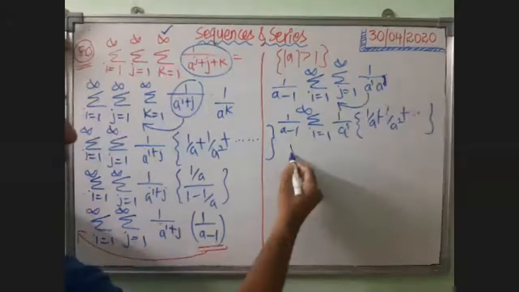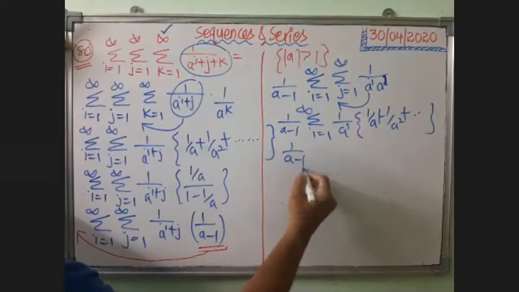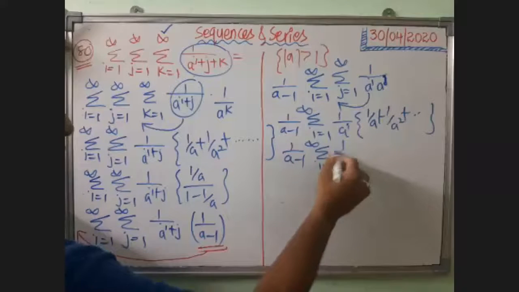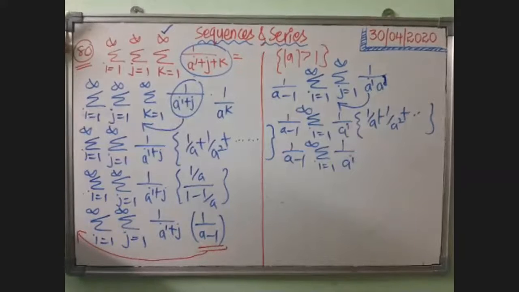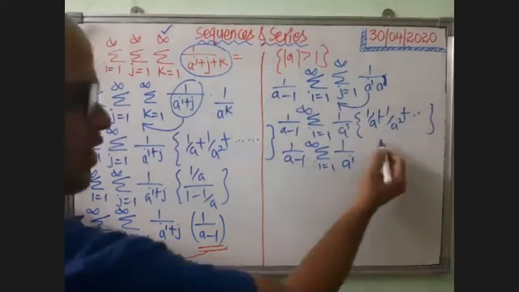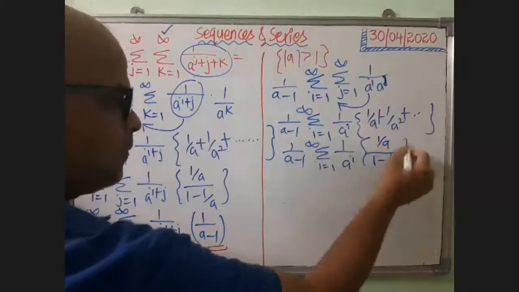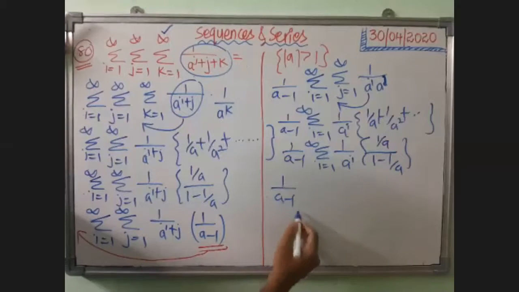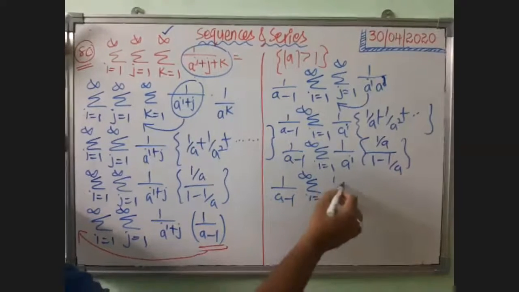What I'm getting here is 1 by a minus 1, 1 by a minus 1, this is sigma i equal to 1 to infinity, this is 1 by a power of i. Again here the same formula which I have used. What is that? The a by 1 minus r formula. What is a? 1 by a. The r value is 1 by a. Same thing. So what happened is, this will become 1 by a minus 1 into sigma i equal to 1 to infinity, 1 by a power of i.